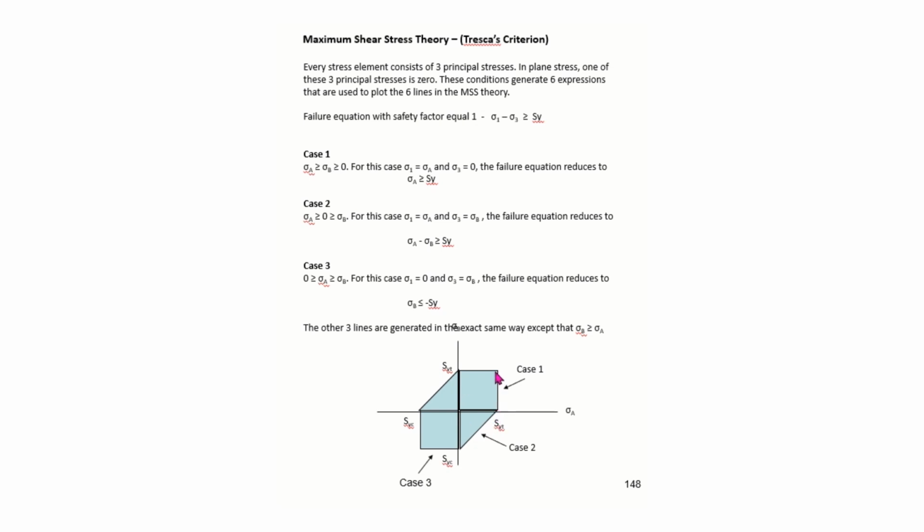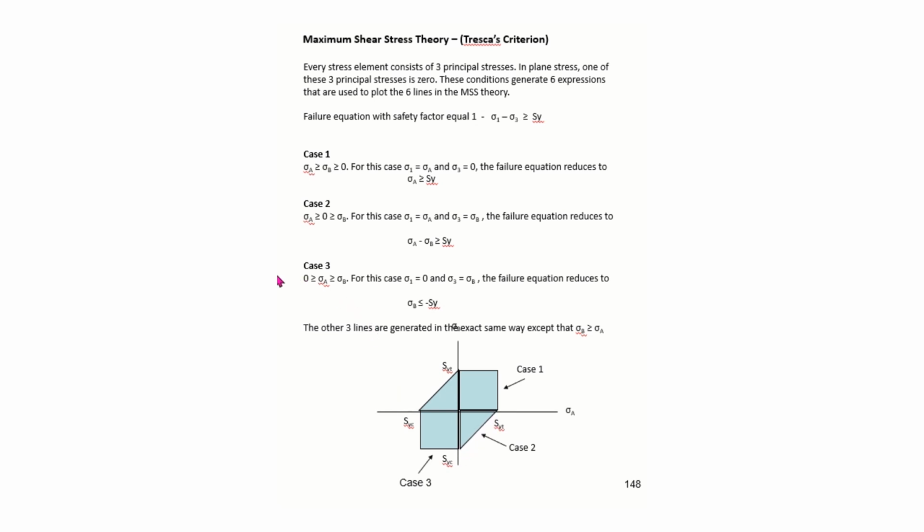So we get this line here. Now if we look at sigma A greater than 0 greater than sigma B, for this case sigma 1 equals sigma A and sigma 3 equals sigma B. And the failure equation reduces to sigma A minus sigma B greater than or equal to SY. And this results in this line here, this sloped line in this region down here.